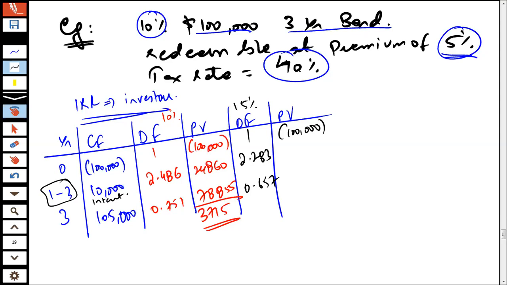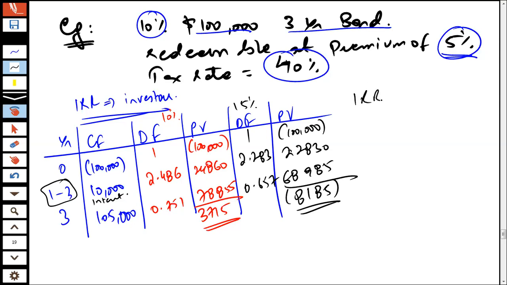Yes, 10% on 100,000. So resultingly we have 22,830, and then 105,000 multiplied by 0.657, so we end up getting 68,985. So you will end up getting 8,185.